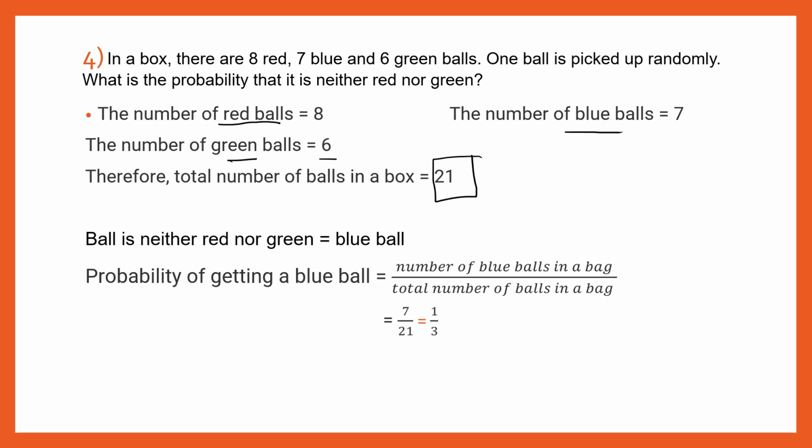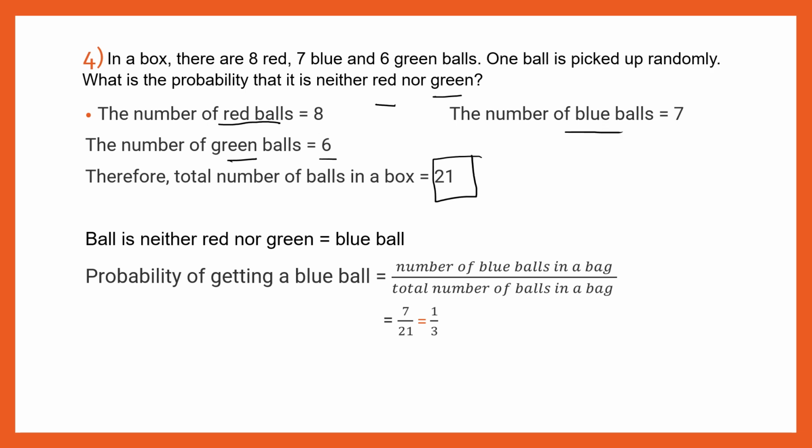Now what they are asking is one ball is picked up randomly. Out of these 21 balls, we are picking up one ball randomly. And we have to find the probability that the ball which we have picked is neither red nor green.